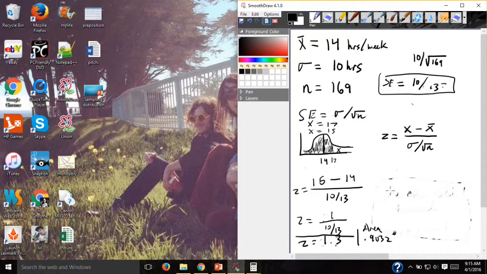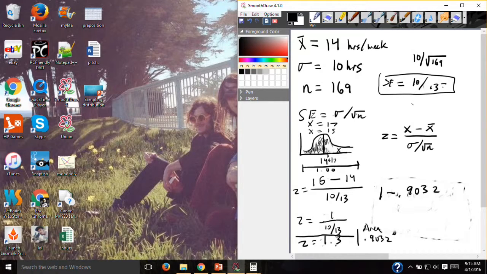Now remember the question asked if it exceeded that amount. Well, what I have to do is that I'm looking for the area not up to the 15. I'm asking for the area above the 15. So what I need to do is take 1 minus 0.9032 because my entire graph cumulatively adds up to 1.